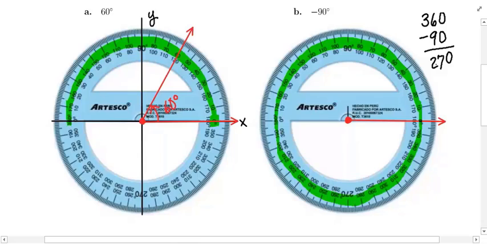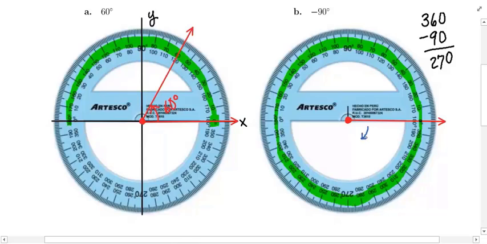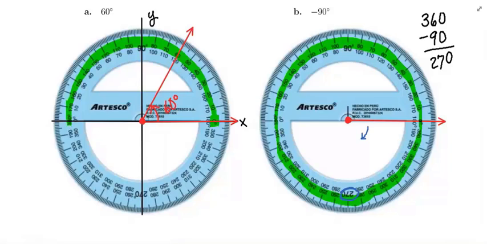So we are going to start here with the initial side, rotate in a clockwise direction, and stop when we get to the 270 degree mark, which is right here. That's going to form a 90 degree angle in the negative direction.